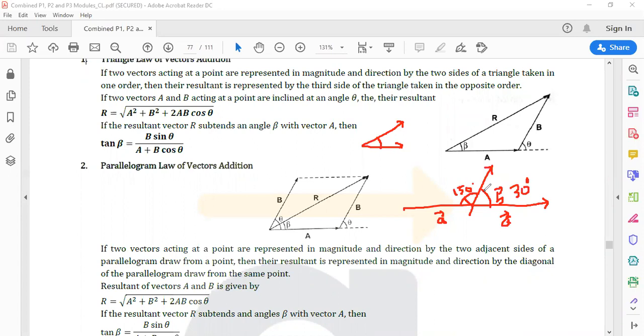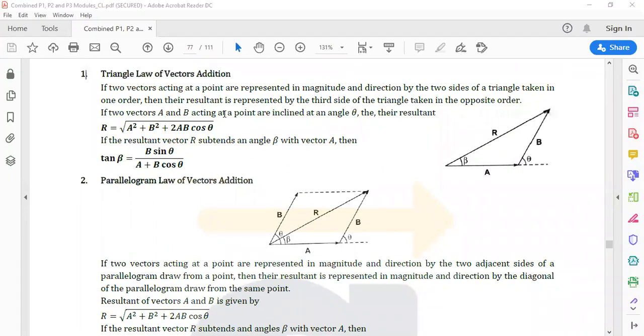Okay, I guess everyone got this. So if the magnitude of two vectors is given and the angle between them is given, then we have a formula for the vector R, which is the sum of vector A and vector B. R is also called the resultant vector.